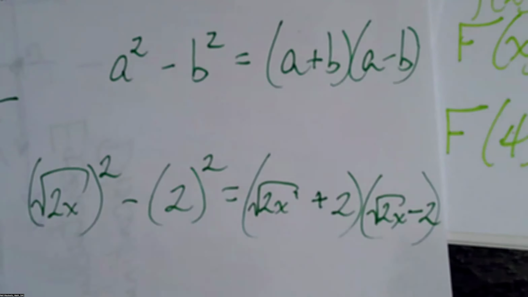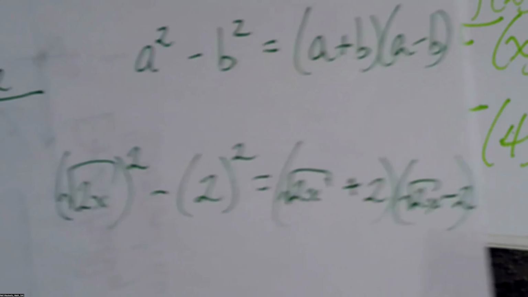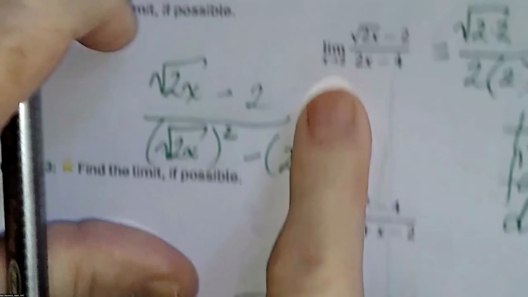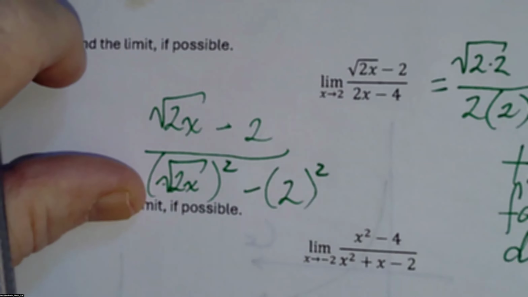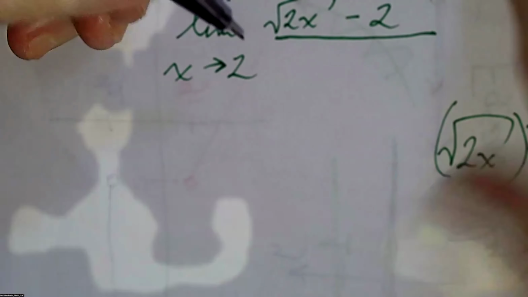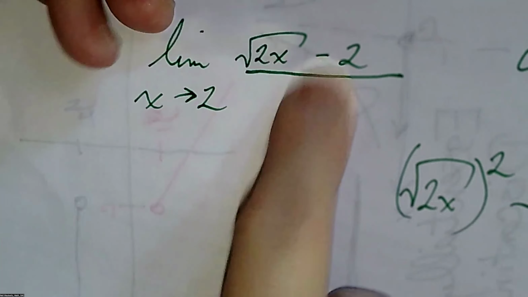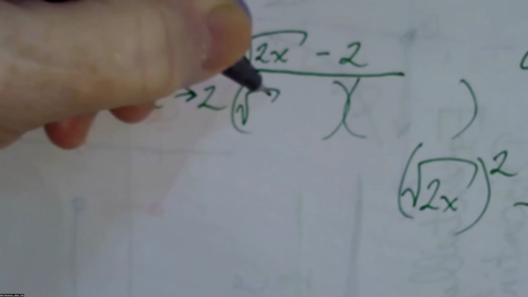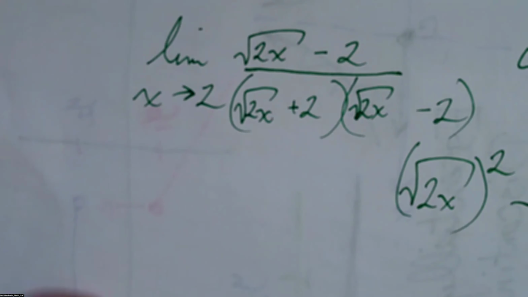Good. That's right. Okay, so we've got a factoring for something that didn't look factorable. Because remember, it really did look like 2x minus 4. So it looked like there was a 2 common, but not a difference of 2 squares. So we're writing the square root of 2x minus 2 over the product, the square root of 2x plus 2 times the square root of 2x minus 2.